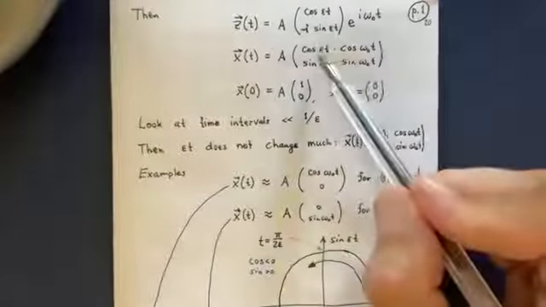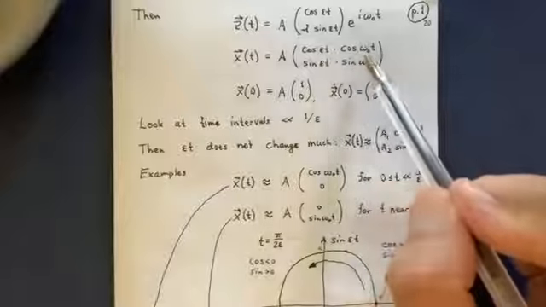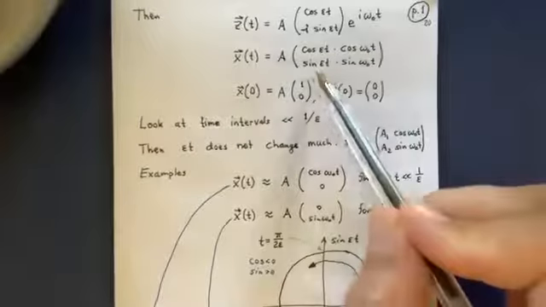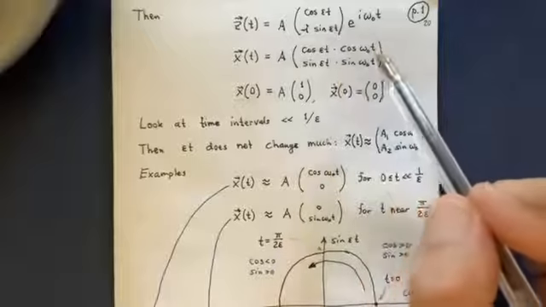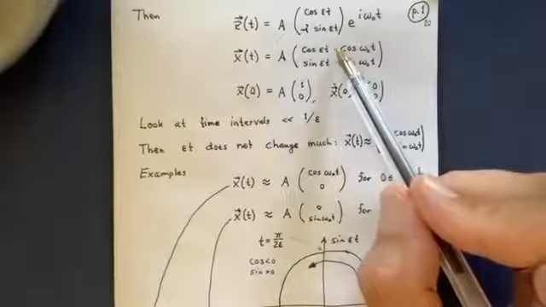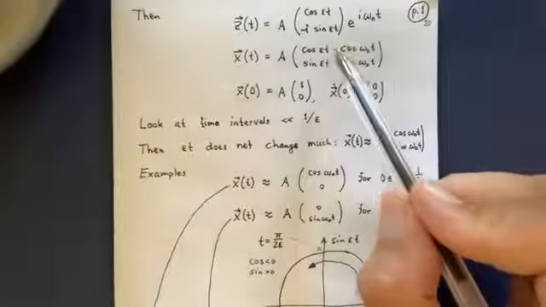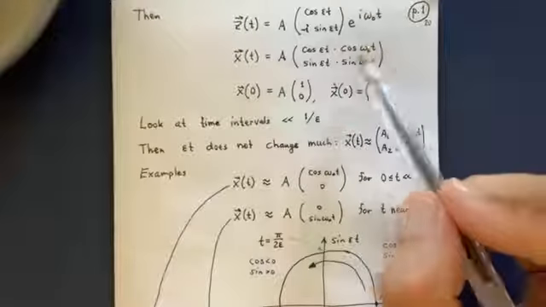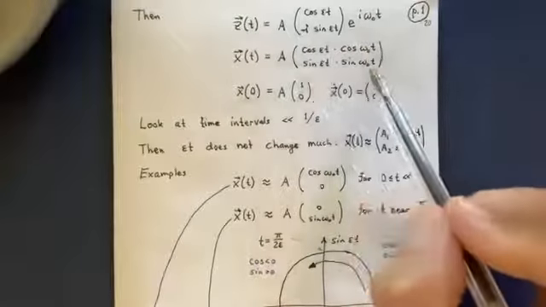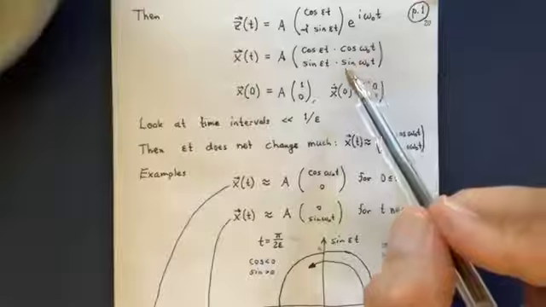The upper component is cosine epsilon t times cosine omega naught t. The lower component is a product of the two sines. So even though it looks like a 2x2 matrix, there's no space here between these two things. There's a multiplication operator. And so that product evaluates to a single number, and that's the upper component. And this product evaluates to a single number, and that's the lower component.